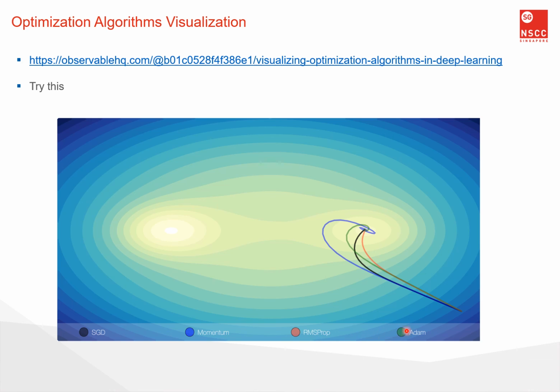But of course, the adaptive ones like Adam tend to perform very well because they are adjusting the learning rate. So when it's very far away, the learning rate is very high, so it zooms down very quickly. But as it approaches the minimum point, it drops the learning rate, so there's less tendency to overshoot the minimum value.